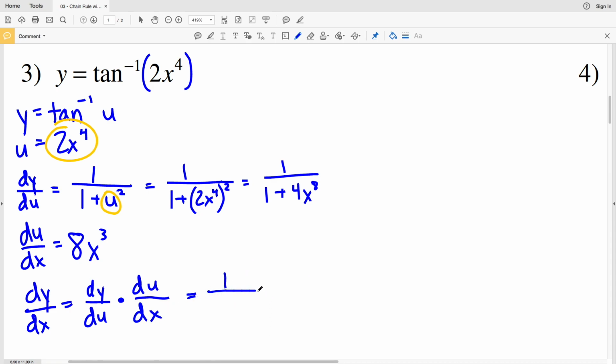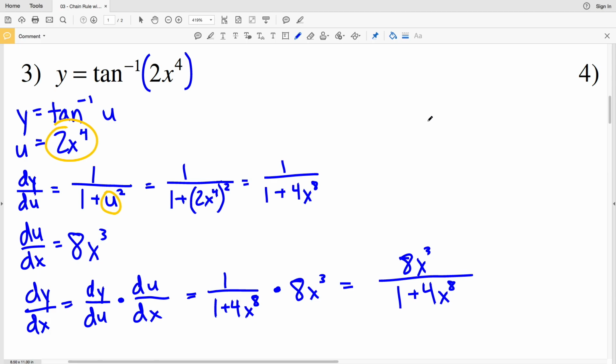So I'll have 1 over 1 plus 4 times x to the 8th multiplied by 8x cubed. So simplifying, 1 will get multiplied to 8x cubed, so I'll have 8x cubed all over 1 plus 4 times x to the 8th. That's my derivative in number 3.